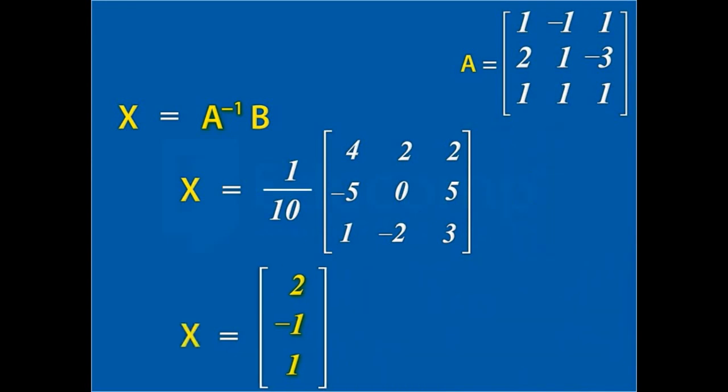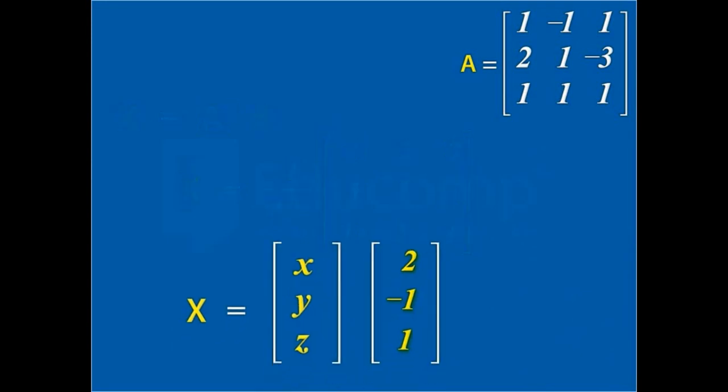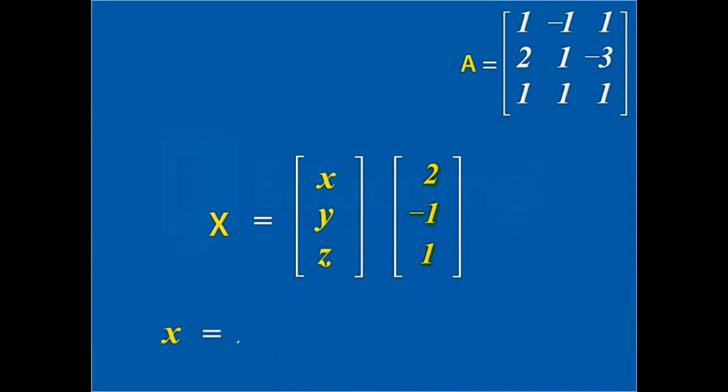X equals the column matrix with the elements 2, minus 1 and 1. Hence x equals 2, y equals minus 1 and z equals 1.